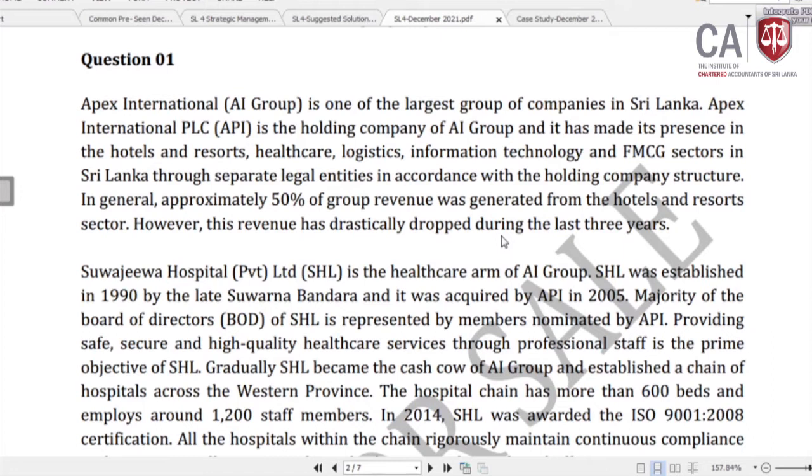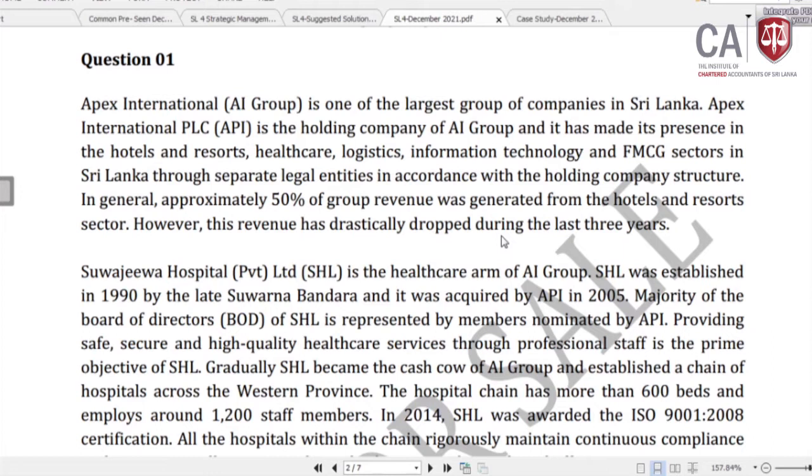So, Apex International is one of the largest groups of companies in Sri Lanka. It is a large group. Look at the second sentence given: Apex International PLC is the holding company of AI Group. So, I think the examiner wants to talk about some company of AI Group.